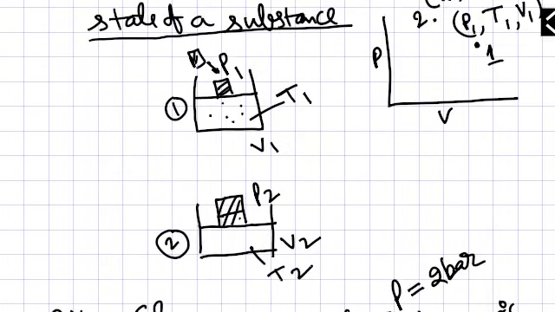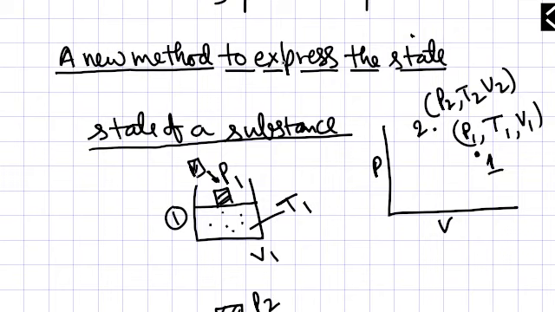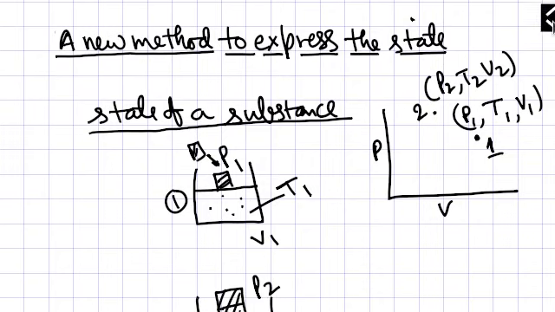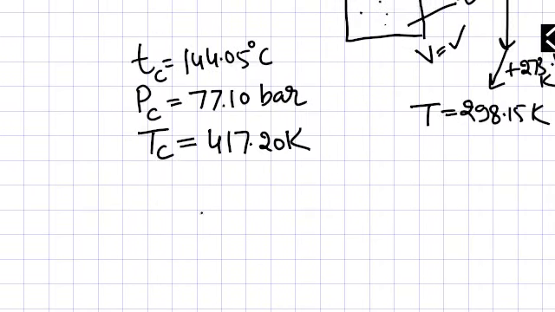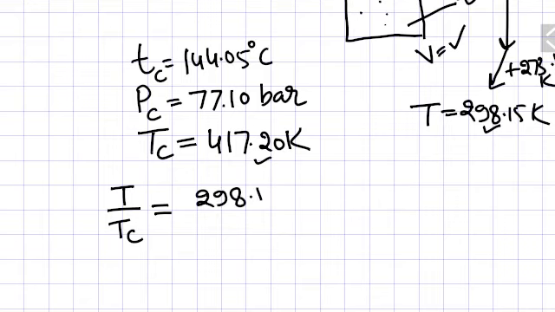Now we are again coming to the new method to express the state. What is that new method? What we will do is divide this temperature by this critical temperature. It is very important information, something very important that will be used in finding other data.